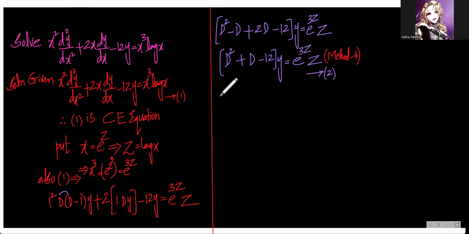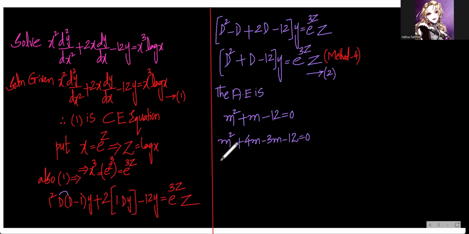तो मेथड 4 में कन्वर्ट हो रहा ना, तो अपन पहले तो इसकी ऑक्सिलरी इक्वेशन लिखेंगे। द ऑक्सिलरी इक्वेशन इज क्या होता है बोलिए? m square plus m minus 12 is equal to 0. And we know that 4 3s are 12, means we get the factors are m square plus 4m minus 3m minus 12 is equal to 0.